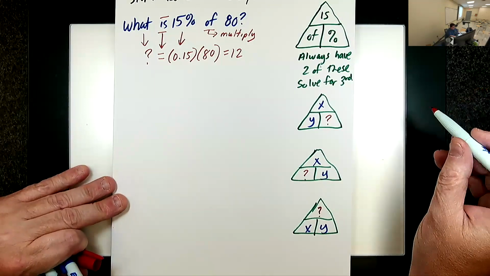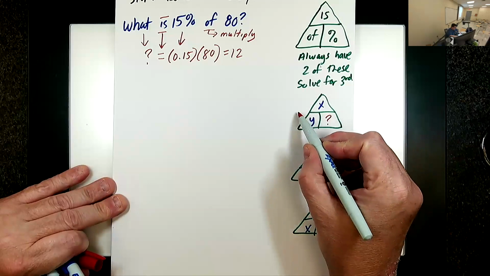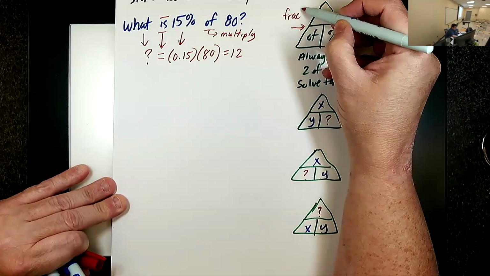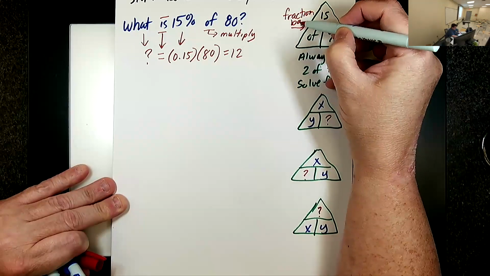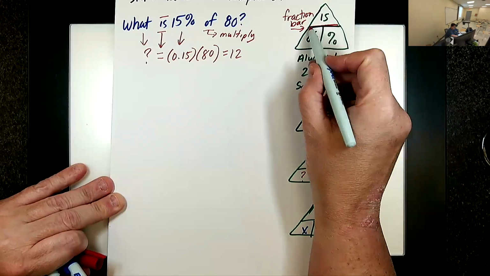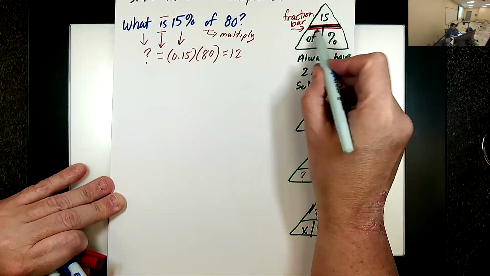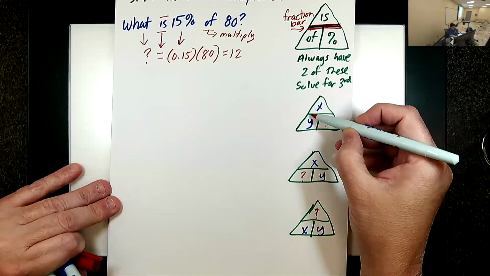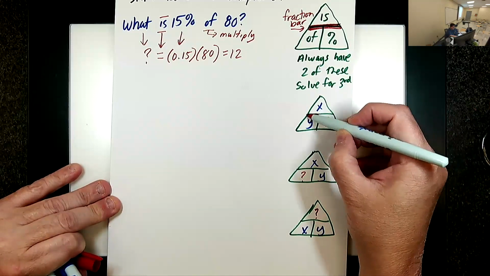If you use this triangle, this line right here acts like a fraction bar. That one right there. So for this right here, it's a fraction bar right there.